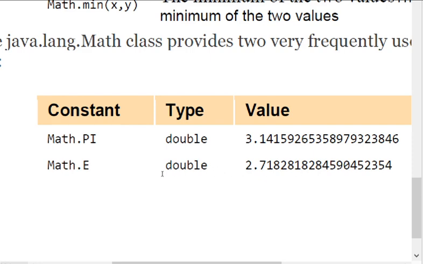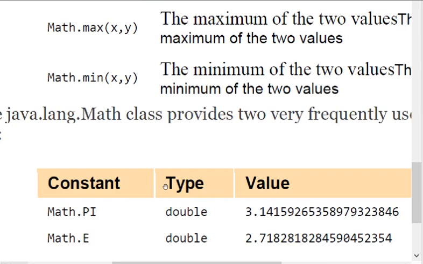And it is a double. So for all mathematical constants or mathematical values that are known, be it geometry, be it trigonometry, tan, sin, cos, cosecant theta, things like that, they are all available.